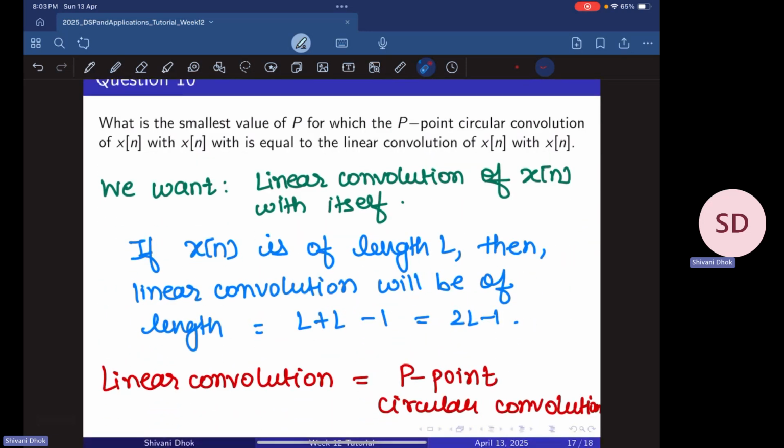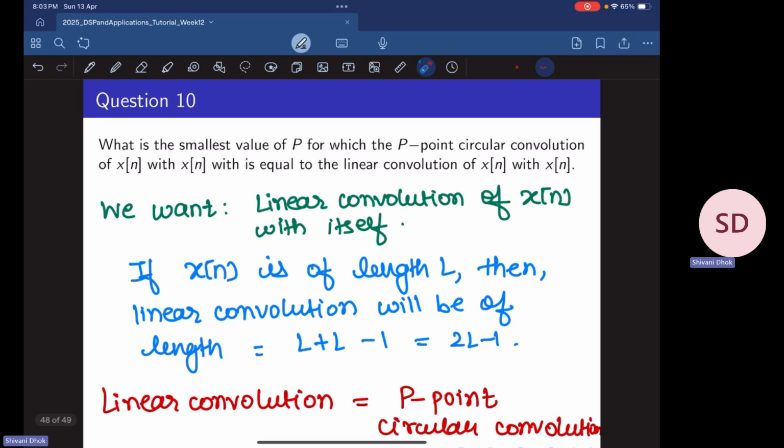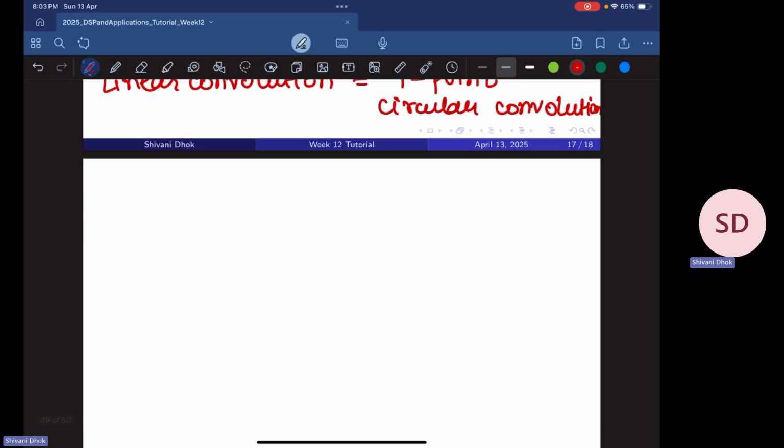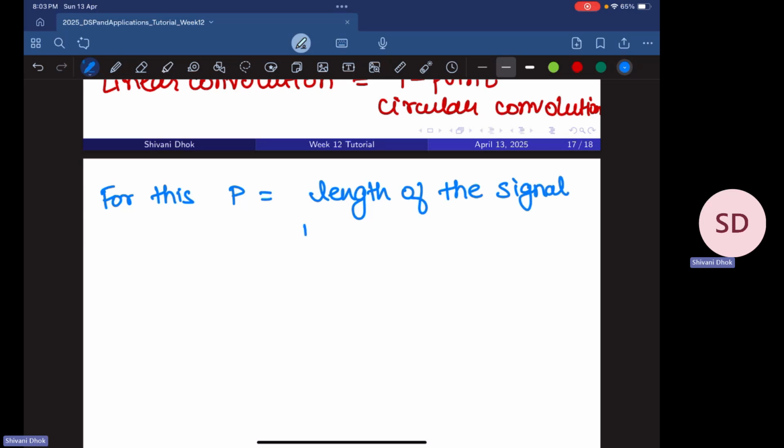So therefore, if I want linear convolution to be equal to p-point circular convolution, then this p should be equal to the number of points that we get in the linear convolution. So p should be equal to the length of the signal that we get after the linear convolution, not circular.